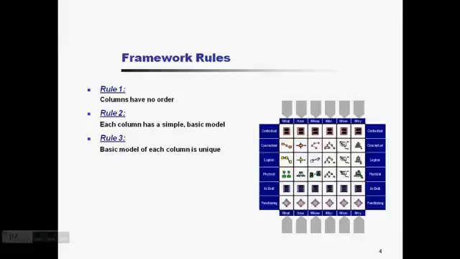Rule 4 is about each row to represent a distinct perspective. Okay, so each row has to represent a distinct perspective. What does that mean?